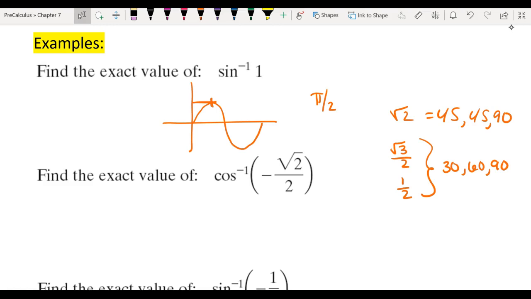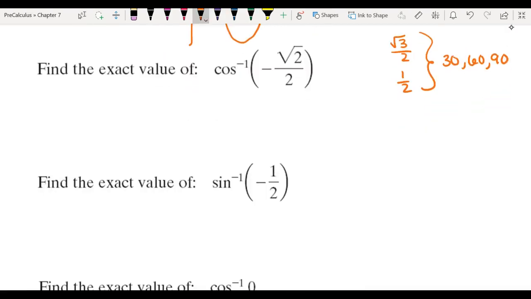So, where is cosine inverse of negative square root of 2 over 2? Okay, is cosine negative in the first quadrant? No. Where is cosine negative? Cosine is negative in 2 and 3. Good.